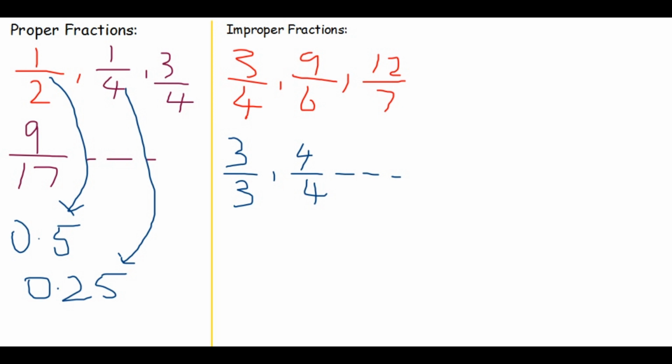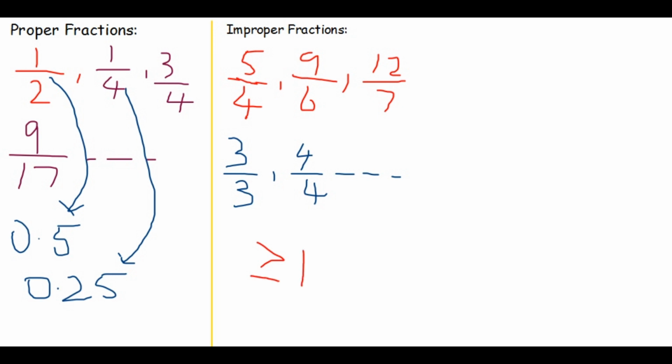Oh wait, sorry, 3 over 4 is not an improper fraction. What we are supposed to have there is 5 over 4. Sorry for that mistake. And note, if you convert improper fractions to their decimal form, the result you are going to get is greater than or equal to 1.